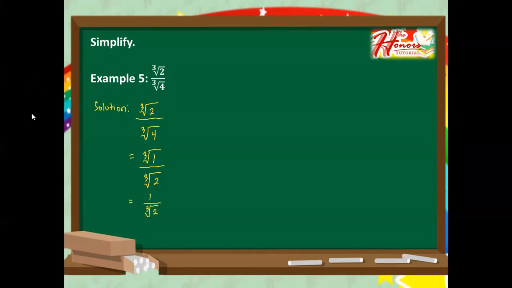And then we need to rationalize our denominator. So let's copy again 1 over cube root of 2. And then we have to multiply it by cube root of 2 squared over cube root of 2 squared in order for us to simplify the denominator, because we don't want any radical symbol in our denominator.